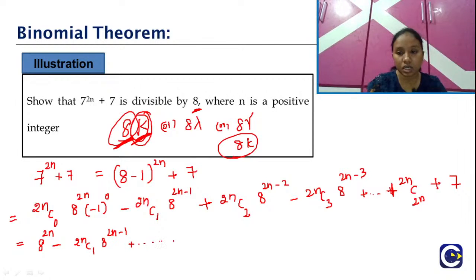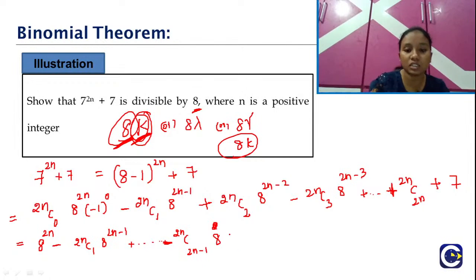And at last, the term before that will be 2n c 2n minus 1, 8 power 2n minus 2, that means it will be 8 only, and it will be minus because it's negative. Then 2n c 2n will be 1, plus 7. So this 7 plus 1 is nothing but 8.